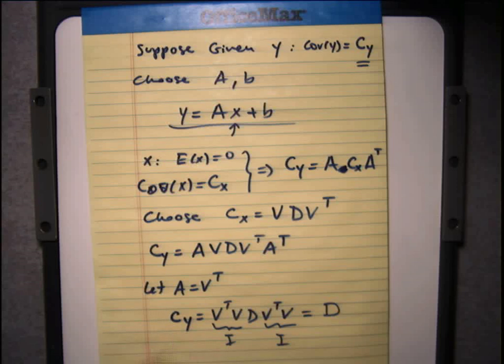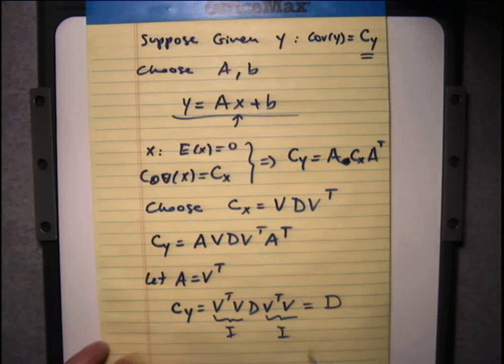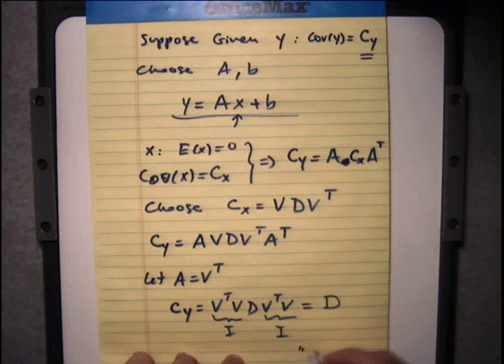And that means that the different elements in the vector y are now uncorrelated. And that's the whole idea behind whitening: you take a random vector which has correlated values in it, and you turn it into one that has uncorrelated values. Okay? Okay, so this is the general idea of whitening.